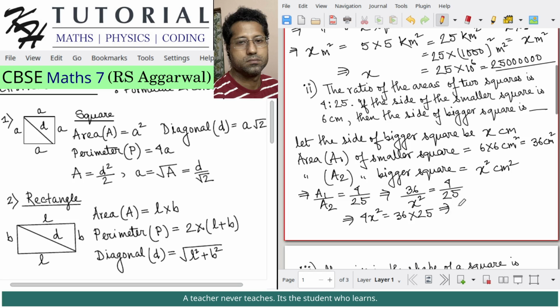This implies x square is equal to 36 multiplied by 25 divided by 4. This is 9 into 25. So x is equal to square root of 9 multiplied by 25, which is 3 into 5, which is 15 centimeter. So the side of the bigger square is 15 centimeter.